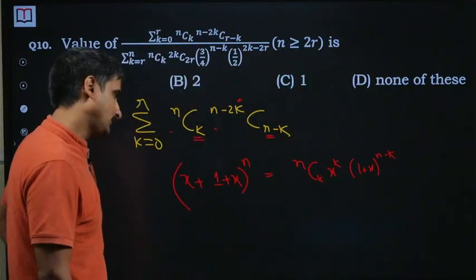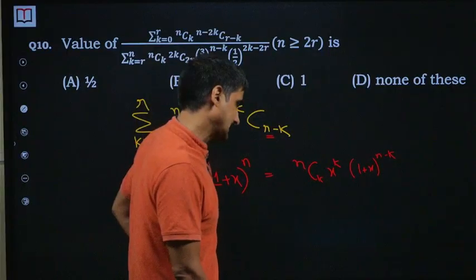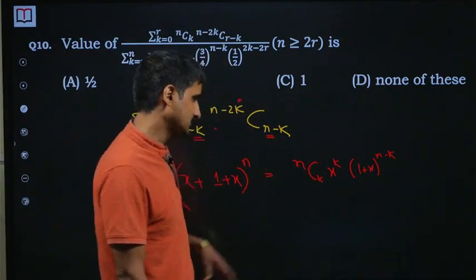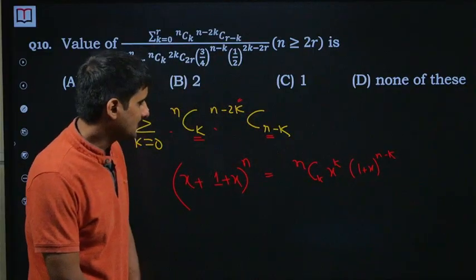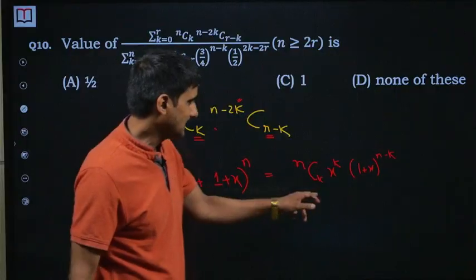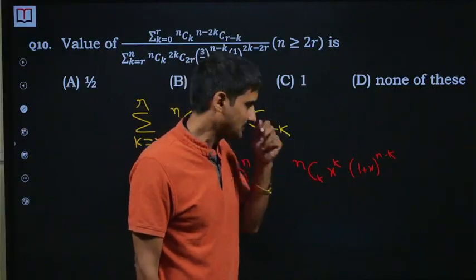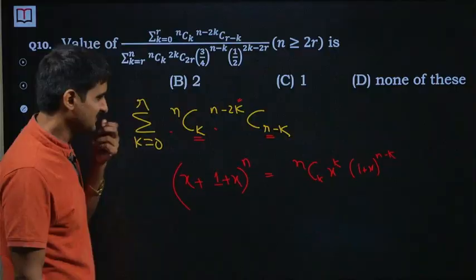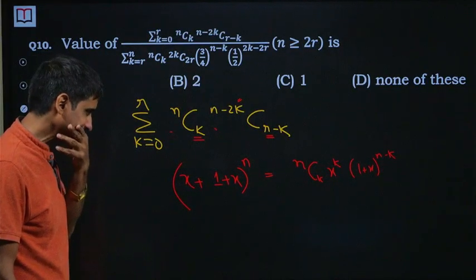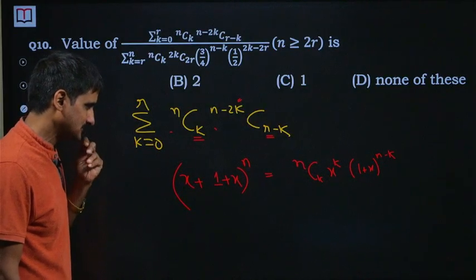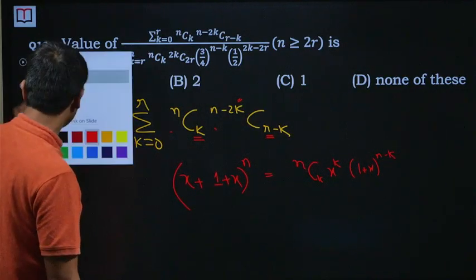If I go for the coefficient of x raised to the power r, it will be nCk; if we have r here, we need n minus r Cr. But we need n minus 2k here.